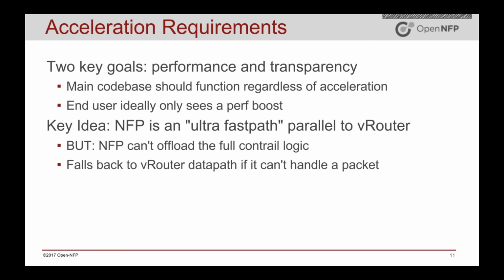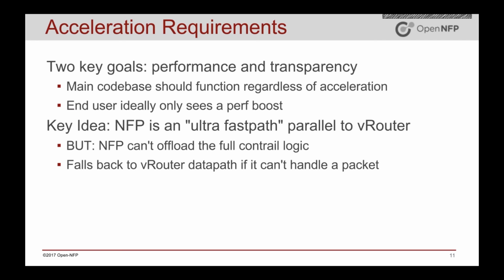But the full logic that is in that fast path is quite substantial, and there are a lot of configuration operations required in there that are just not ideally suited to offload in the NFP itself. So we early on decided that it didn't make a whole lot of sense to implement 100% of that fast path in the NFP.